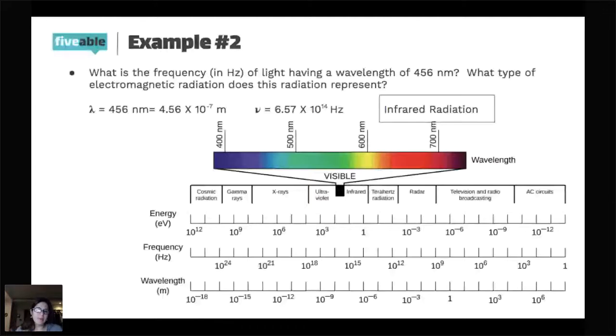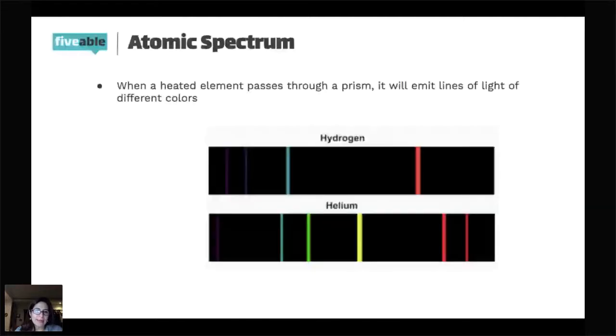So the atomic spectrum: when you heat an element as a gas and pass it through a prism, you will see that it will emit lights of different colors. For example, here we have the atomic spectrum for hydrogen, the atomic spectrum for helium. Every single element of the periodic table has its own atomic spectrum.